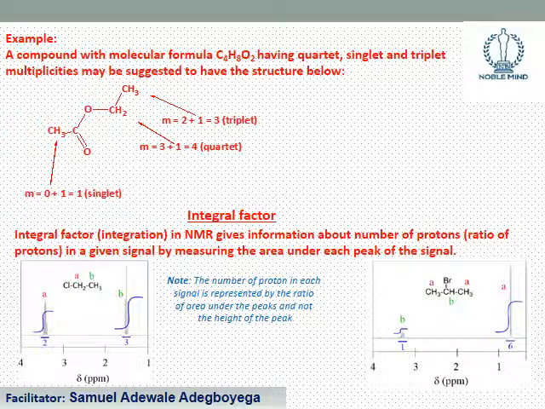You can see those peaks there. So 1:6 tells us that there is only 1 proton in signal B and there are 6 protons in signal A.